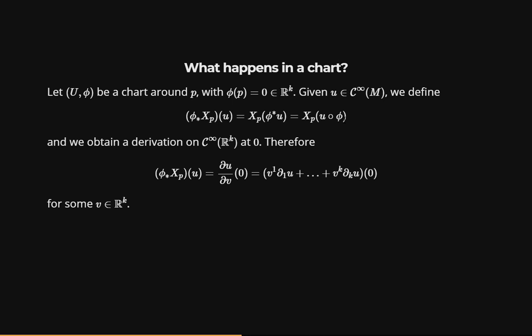A derivation in R^k is just a directional derivative, du in the direction v for some vector v, which means v1 times the partial derivative in the first variable, plus up to vk times the partial derivative in the kth variable, evaluated at 0.